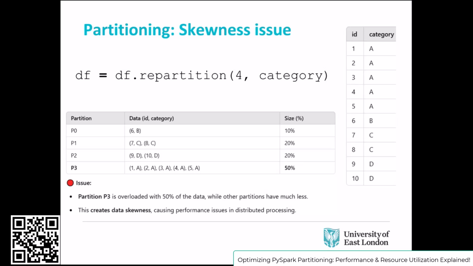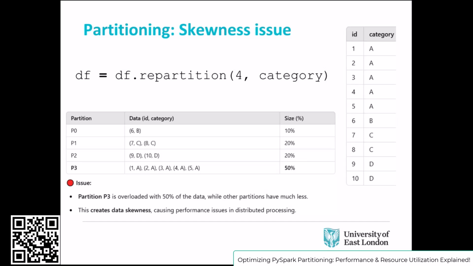I'm happy with 4 partitions, but on category, we didn't mention which one, A or B or C. It's going to get categories and it's going to get partitions. It's going to put B in partition 0, okay, there is one B. It's going to put C in partition 0, D in partition 2, and A in partition 3. So guys, you see that 10% is just one record, and A is 50%.